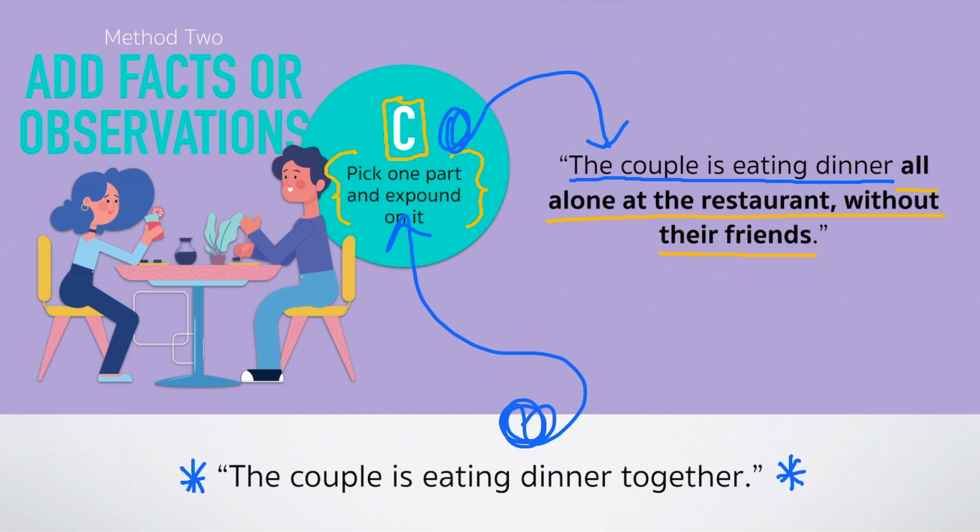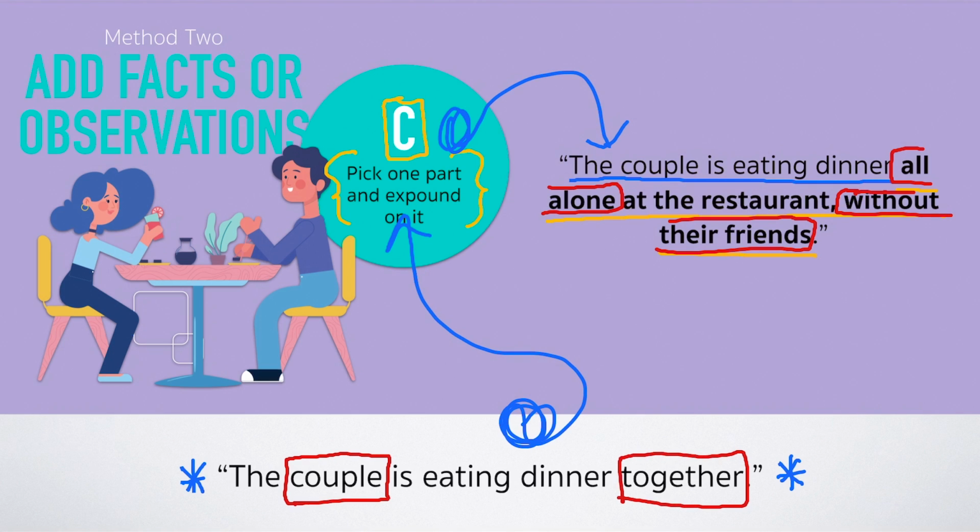Okay, well, you see we've added this, all alone, and we said without their friends. So again, we're expounding. Now, you see right here, it says the couple is eating dinner together. Well, that means that no one else is with them. So what we did was we just added some more facts. Well, their friends aren't there, and they are all alone. Okay? All right, great job.